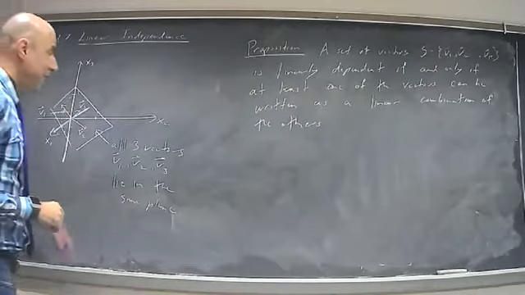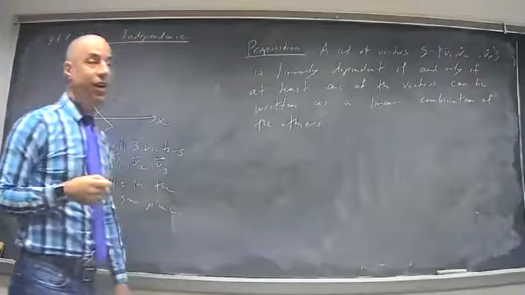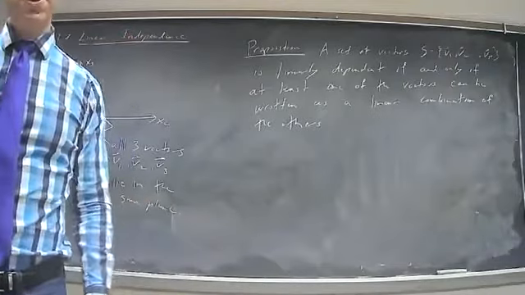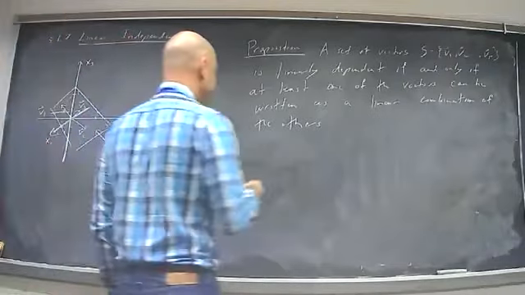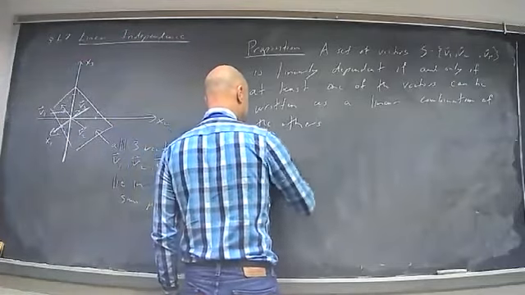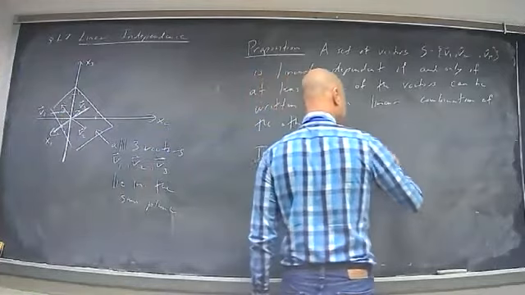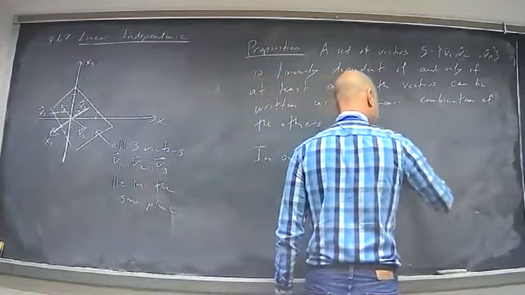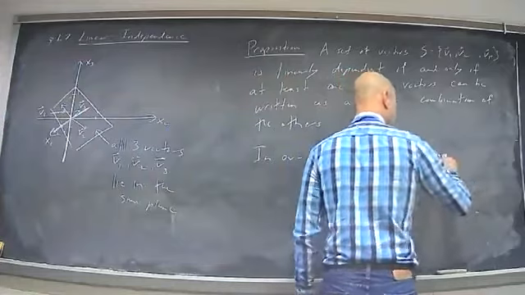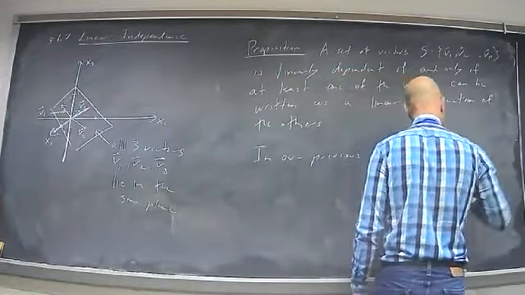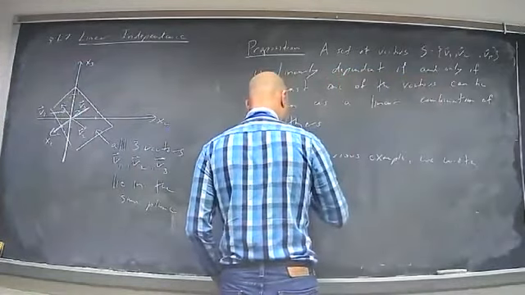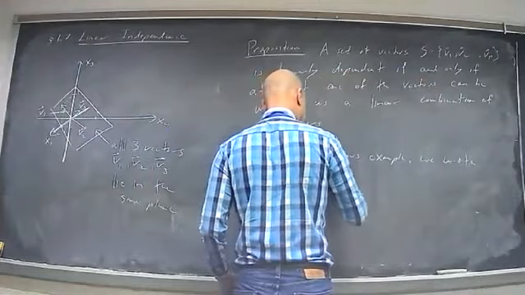So in our last example, we could write v3 as a linear combination of v1 and v2.